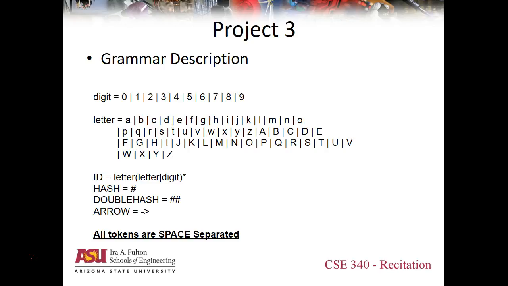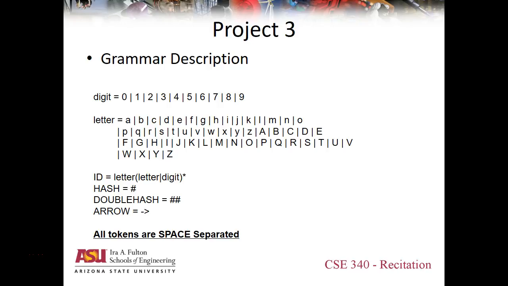So, grammar description. We have this multi-level of grammar, right? This grammar is describing the grammars that'll be in the input file. These are the valid things that it can do.